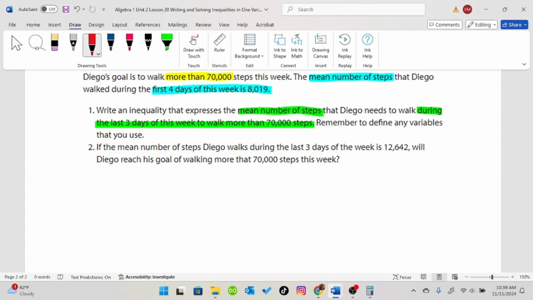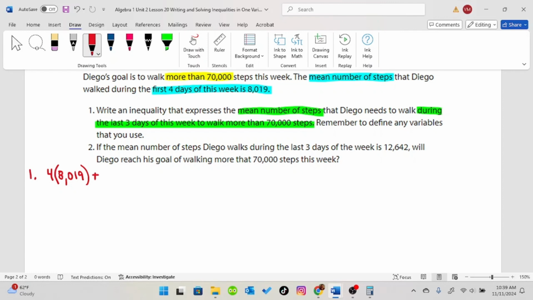So, we need the first 4 days times the mean, which is the average, 8,019. This will tell us how many steps Diego already walked.